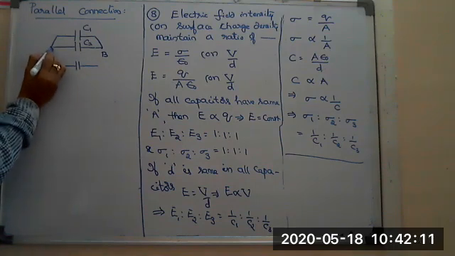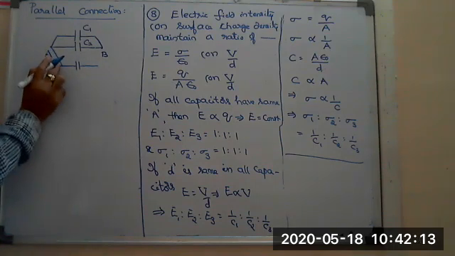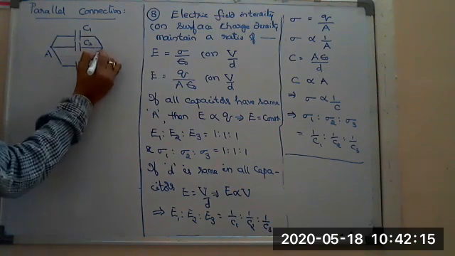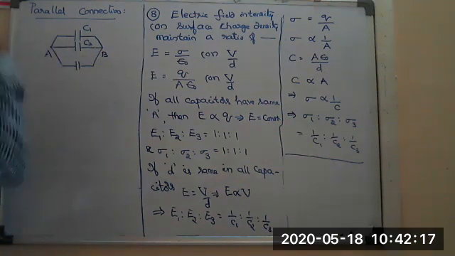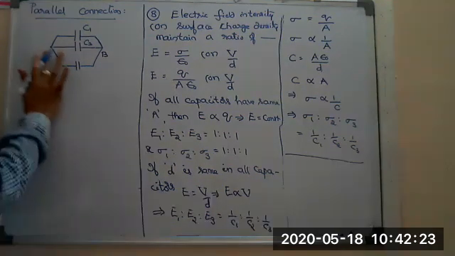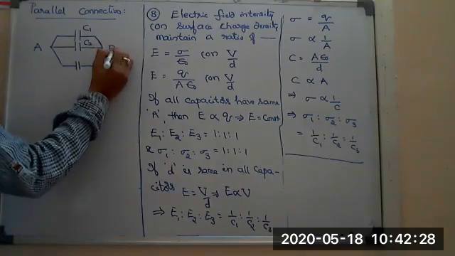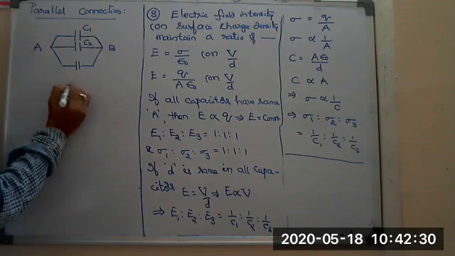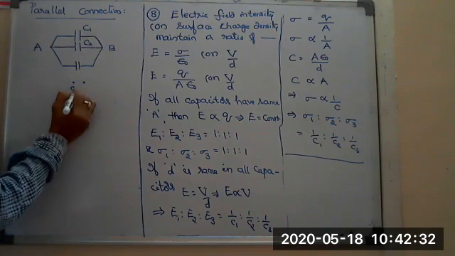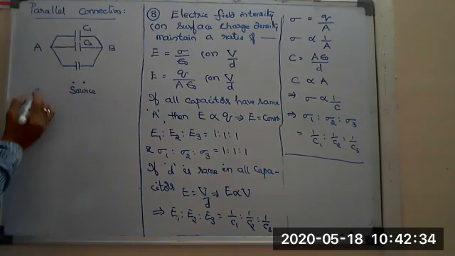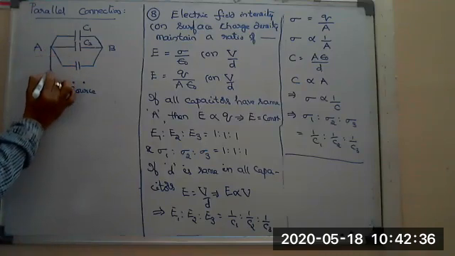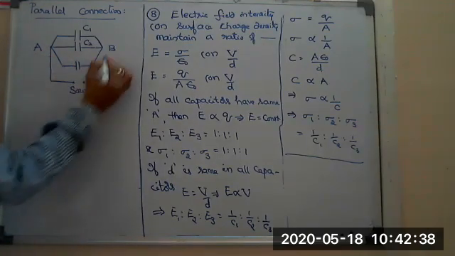Those 2 ends must also be connected only between A and B. Such a type of connection is called parallel. And the source also is to be connected between the same 2 points. The fourth one we are taking is the source, to maintain some potential difference. That one also should be connected between A and B.